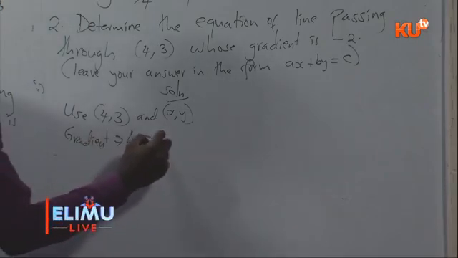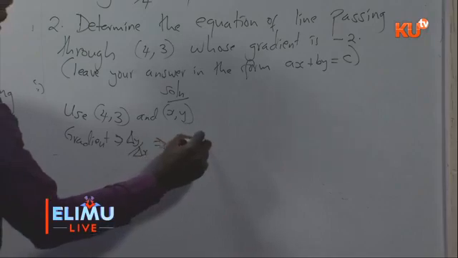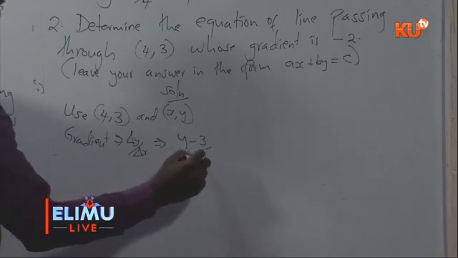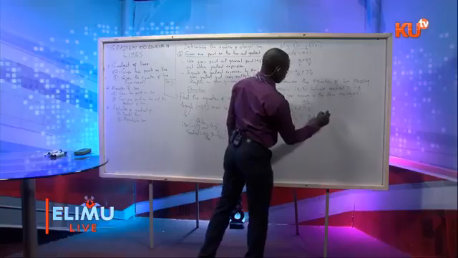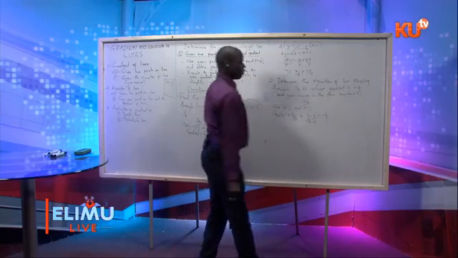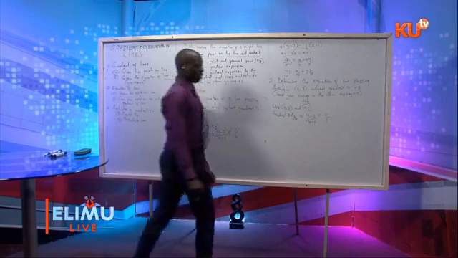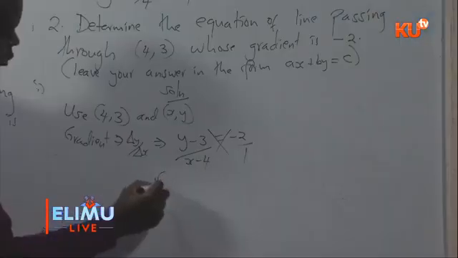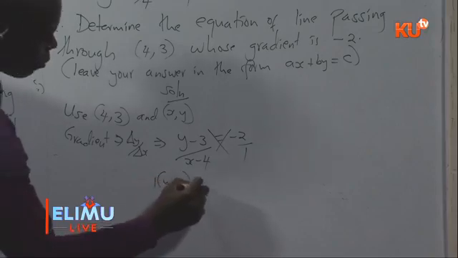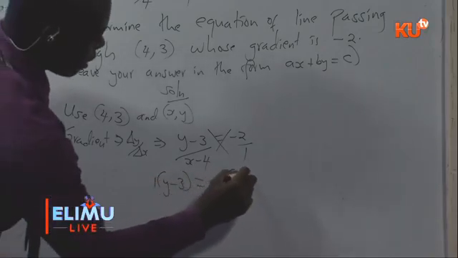And so we'll have y less 3 over x less 4. And this gradient is equal to -2. And so any number is always over 1. We do the cross multiplication. And so you have 1 into y less 3 is equals to -2 into x less 4.